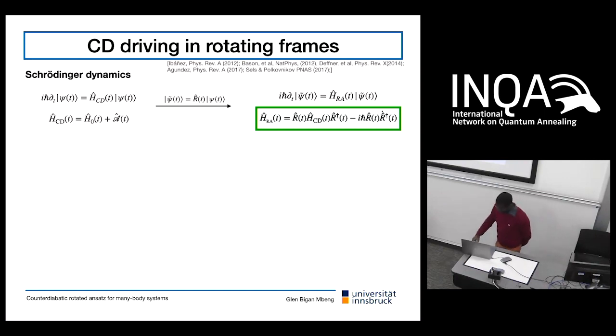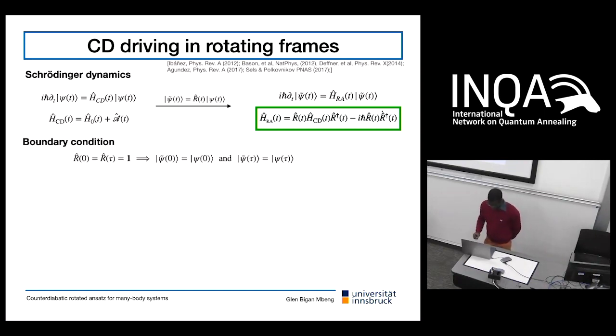If we have some additional boundary condition on the rotation, so that the rotation is kept to the identity at the beginning and the end, then for the tilde variables and the standard variables, the initial and final state coincide.